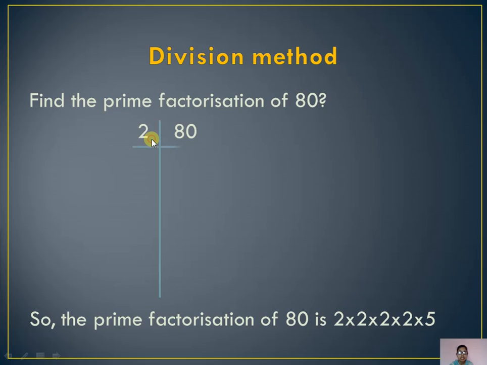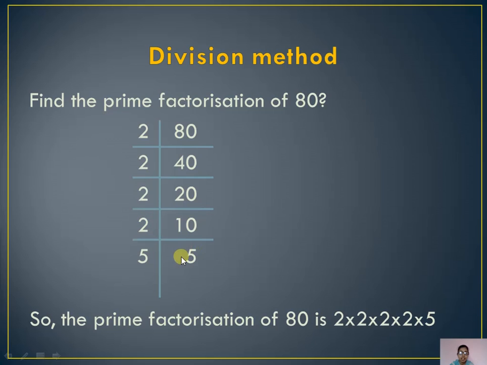On dividing 80 by 2, we get 40. Now again we will divide this 40 by 2, so that we will get 20. Now again we divide 20 by 2 and get 10. Now again on dividing 10 by 2, we get 5.